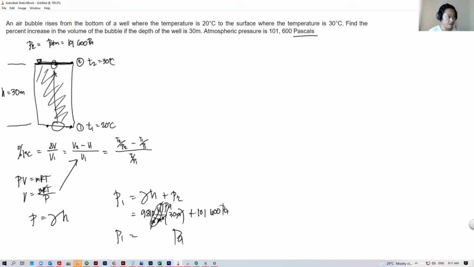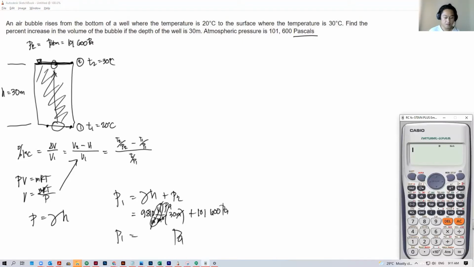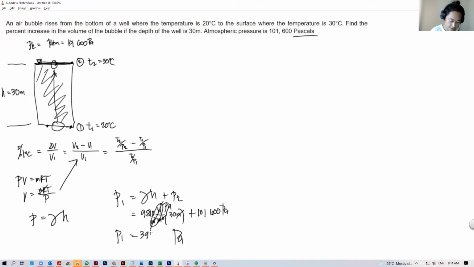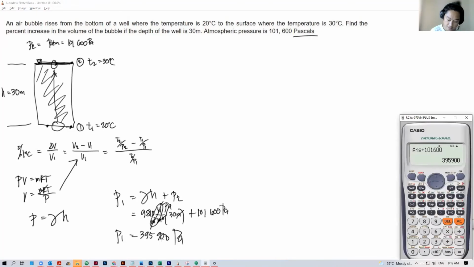If we get our calculator, this should be 9,810 multiplied by 30, and we add 101,600 pascals. So this is our pressure at point 1: 395,900 pascals.